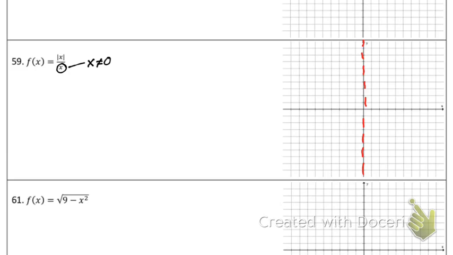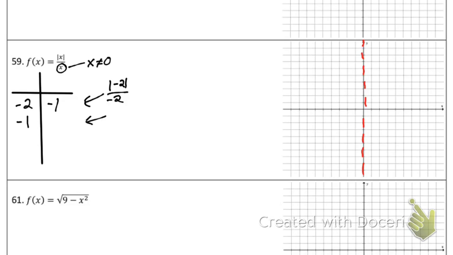Let's try values. So we're going to make our little t-chart. If I plug in a -2, I would have the absolute value of -2 over -2. Absolute value of -2 is +2. 2 divided by -2 is -1. If I plug a -1 in, it's a similar situation. I have -1 over -1.